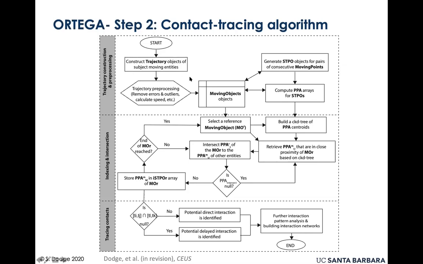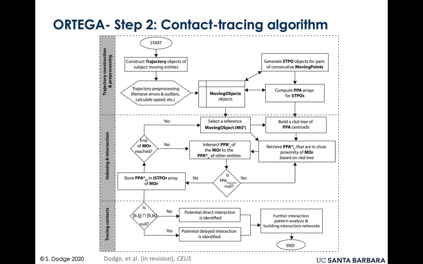For each trajectory, we compute the potential path areas and their space-time prisms, and then based on the areas that we are interested in, we apply a space-time indexing approach to limit the areas of intersection.